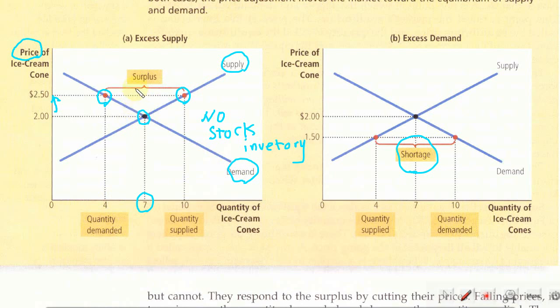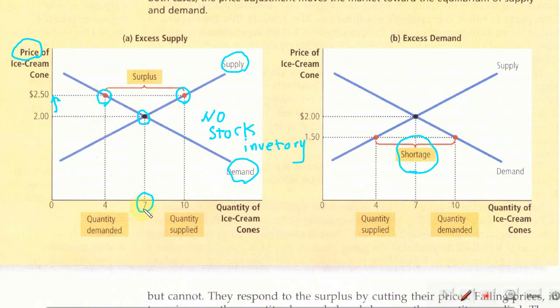Okay? Then once the price increased up to 2.5, 50% more, if the price is increased by the supplier, then as the price increases, the supply quantity increased. But in this case, the demand will be decreased as much as right here.